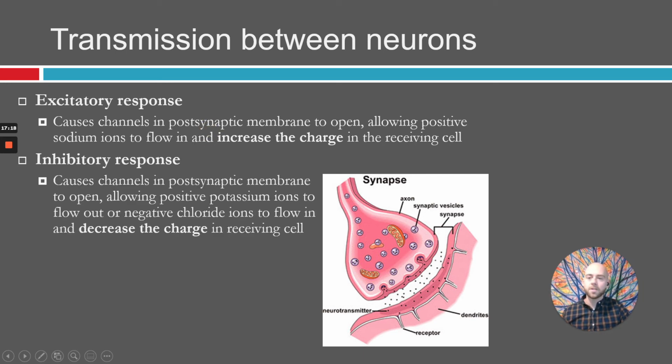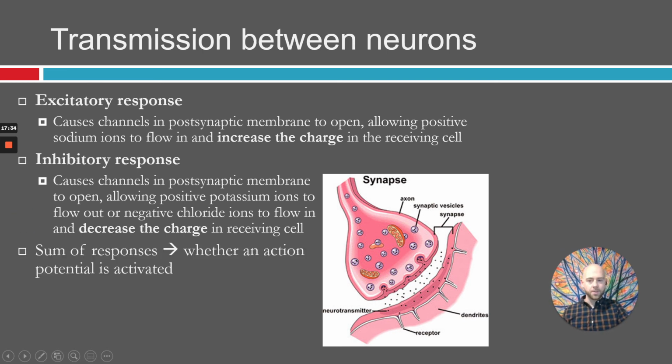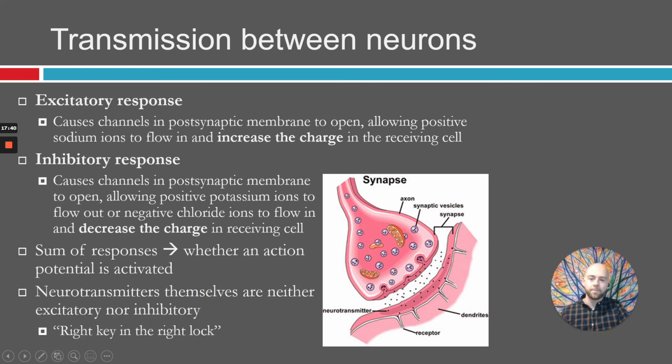Some neurotransmitters decrease the charge. So you're adding up all these positive excitatory responses and all these negative inhibitory responses to determine whether a given neuron is going to send its message down to the next neuron. So the sum of these responses is going to determine whether a resting potential goes to an action potential.